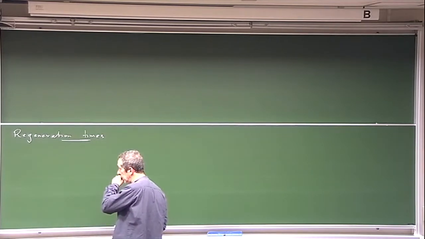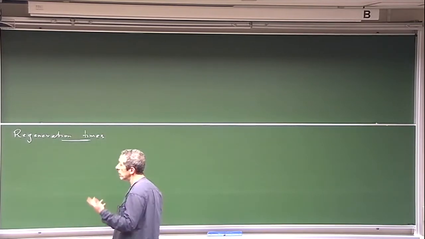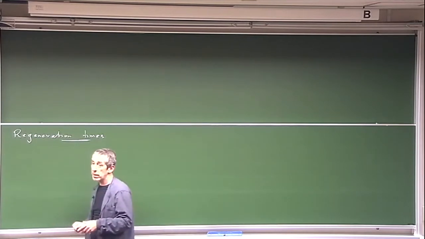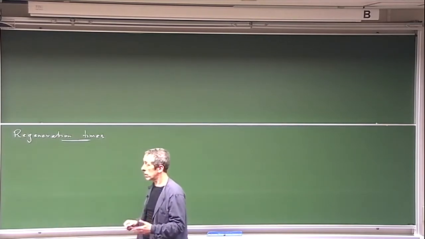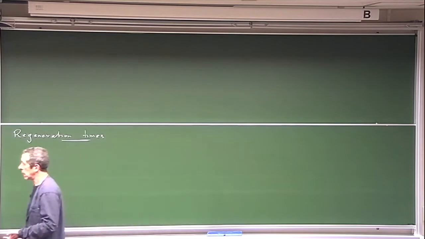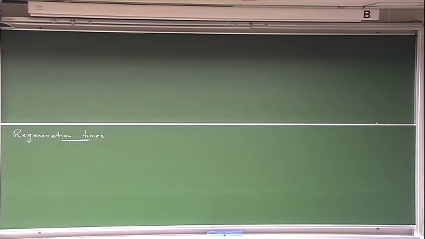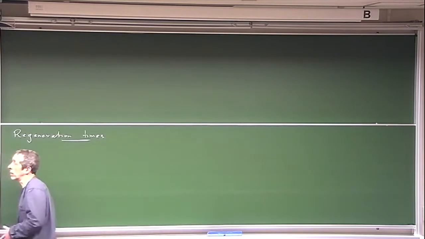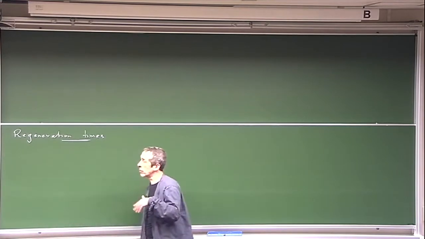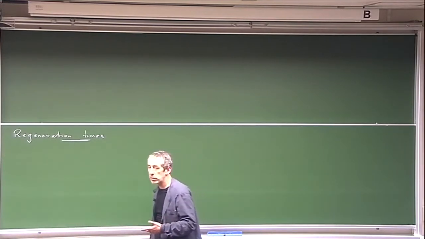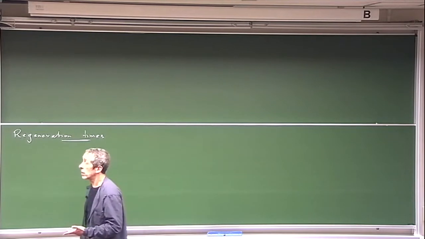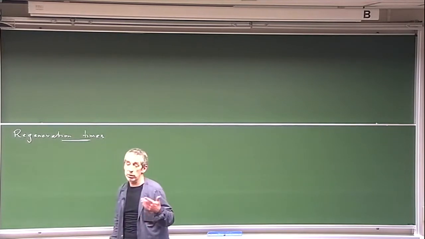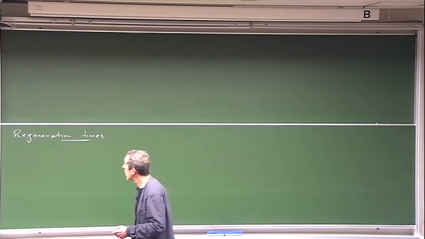Regeneration times are, in words, times at which we will split the trajectory of, say, X^λ into i.i.d. pieces, and once we can do that, provided we can prove some estimates on the regeneration times, then we will get laws of large numbers by just applying the simple law of large numbers for i.i.d. random variables.